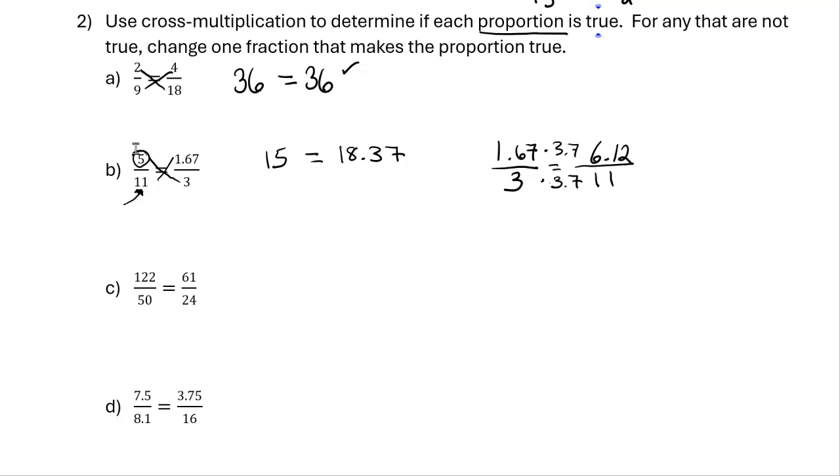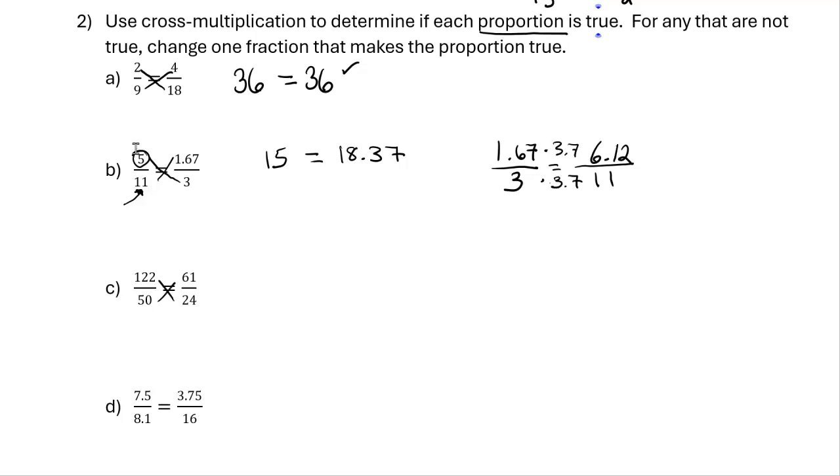If you're trying to figure out a missing value like when we were doing those unit conversions or unit analysis, you can do it here. So it's a really nice tool to have that works across a whole bunch of things that we've been working with. All right, so let's do C here.